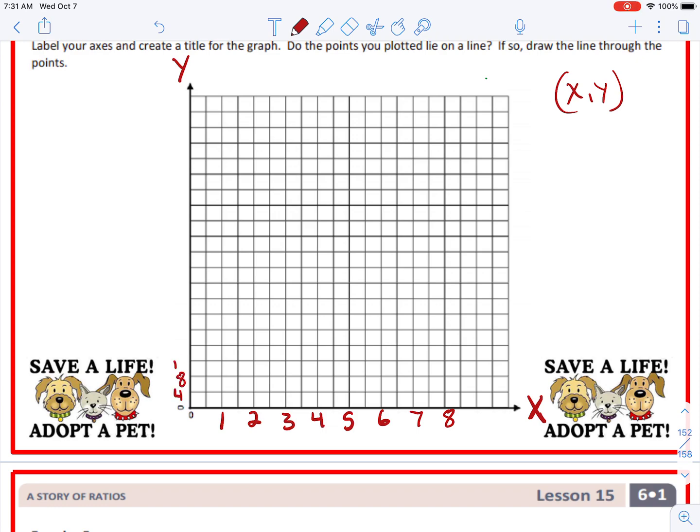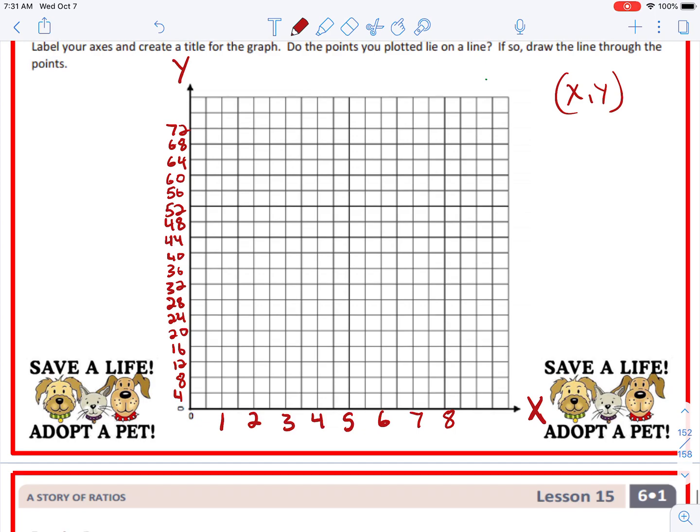So 4, 8, 12, 16, 20, 24, 28, 32, 36, 40, 44, 48, 52, 56, 60, 64, 68, 72, and that's the highest I needed to go, but I'm just going to go all the way to the top, okay? So now, we have our graph labeled.